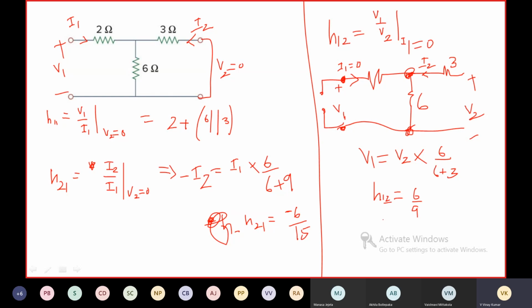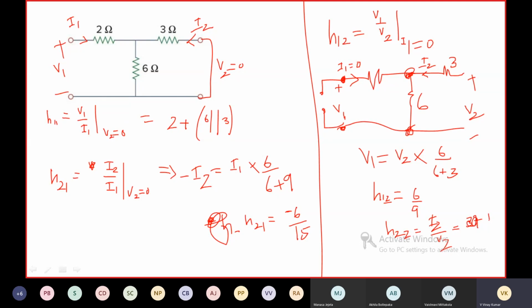Similarly, you can find H22. H22 is equal to I2 by V2, the ratio of I2 to V2.